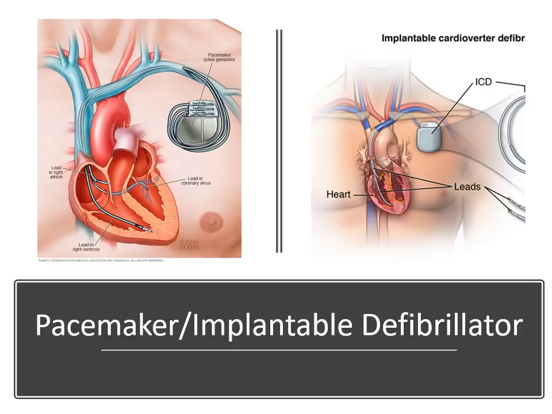A dual chamber, you still have a pulse generator, but then you have electrodes that are inserted into both the atrium and ventricle. There are biventricular pacemakers, and so you'll want to just analyze your documentation to see what would apply.